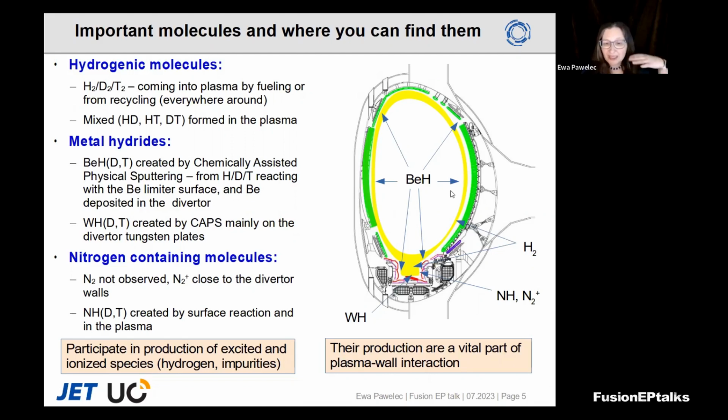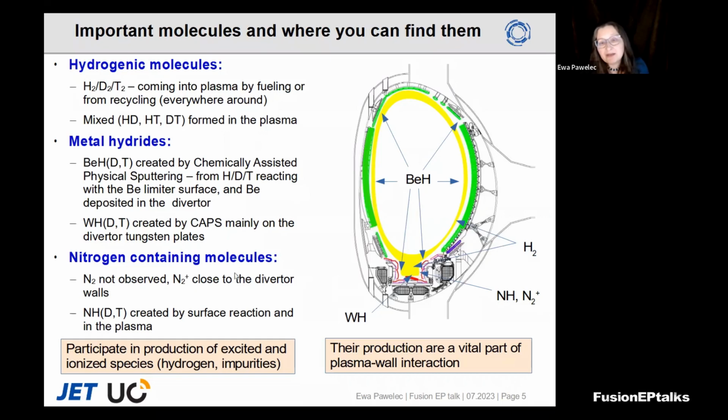So we have the hydrogenic species arriving and forming those hydrides. They are mostly short-lived, but they still appear, and they participate in the wall erosion. So in JET we have beryllium hydride and tungsten hydride. Of course, the tungsten hydride will be in the divertor.